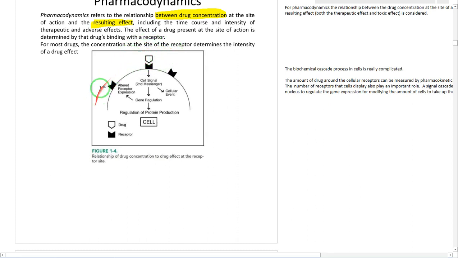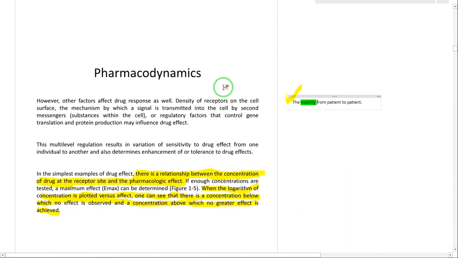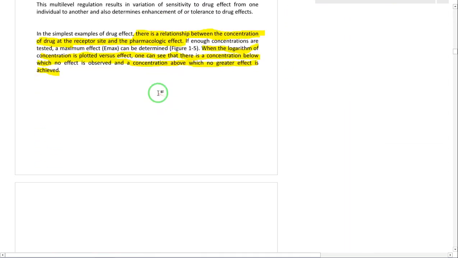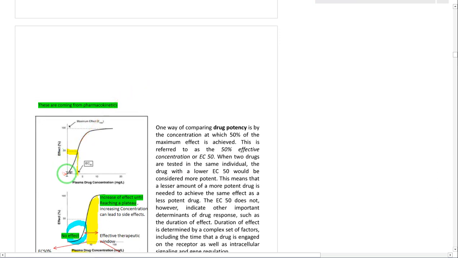So just imagine in the vicinity of this cell, if we plot the drug that is in this area and the effectiveness of the drug, we can get some diagrams that you see here.